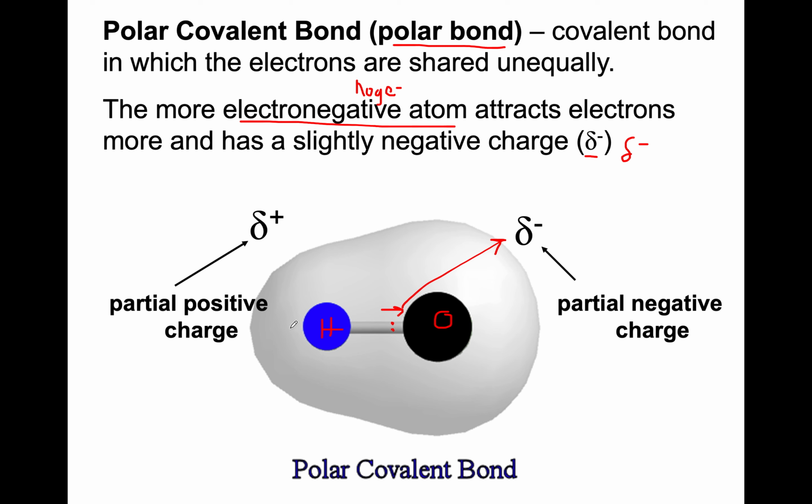Whereas because the electrons are further away from hydrogen, it's going to be a little more positive, partially. It's still part of this bond. Hydrogen still has those electrons, but it's just going to be a little further away. So the nucleus, which is positive, is exposed a little bit more, so it develops this partial positive charge.